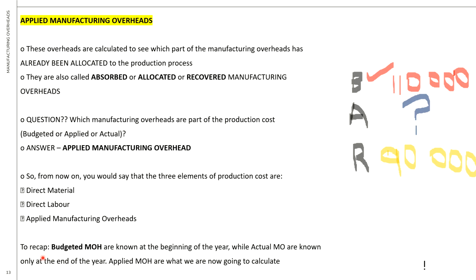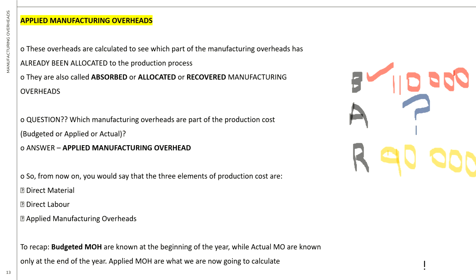So to recap, budgeted manufacturing overhead is known at the beginning of the year because it's planning, while actual manufacturing overhead is known only at the end of the year. And then applied manufacturing overhead is what we are now going to calculate.